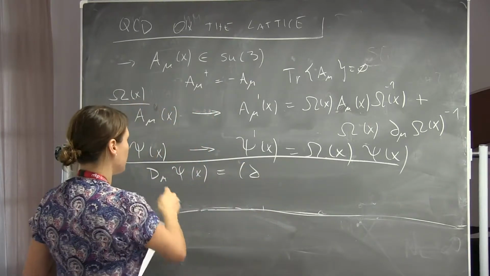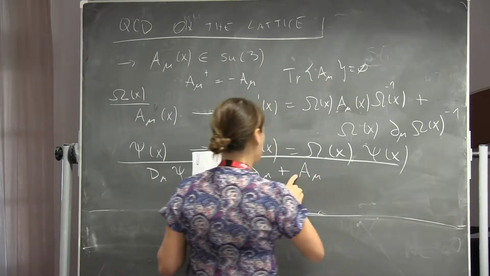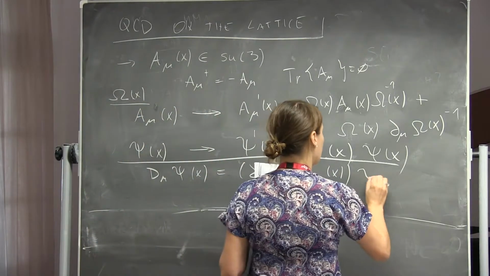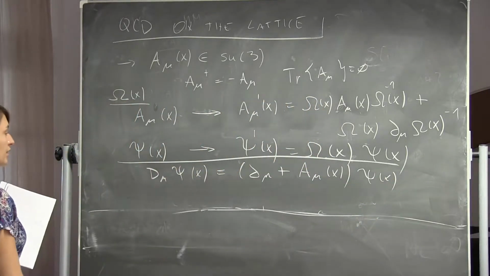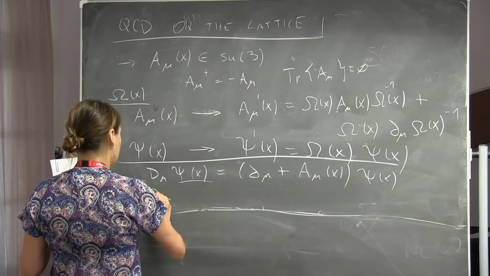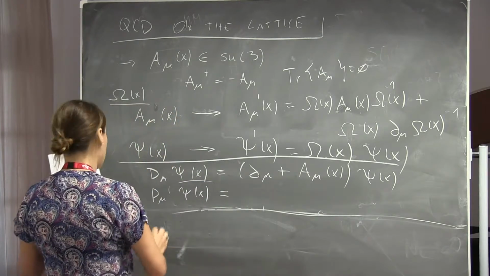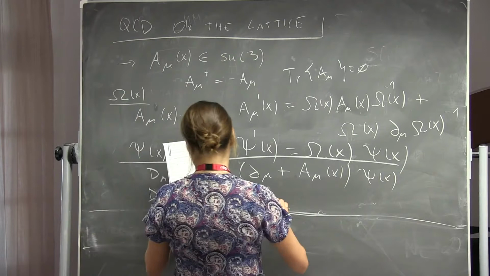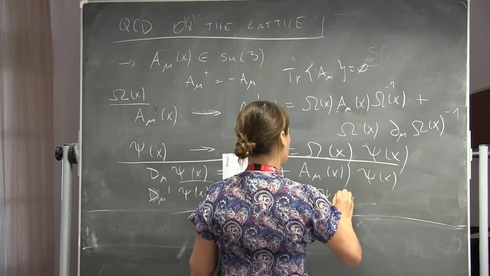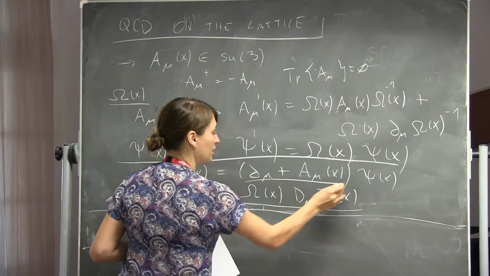So the covariant derivative in Euclidean space-time, there is no i, so we would have just D mu psi of x equals d mu plus A mu of x, psi of x, if psi denotes some matter field, and then D mu prime, so the gauge transformation of the covariant derivative would just be omega of x D mu psi of x, and that's why we call it the covariant derivative.